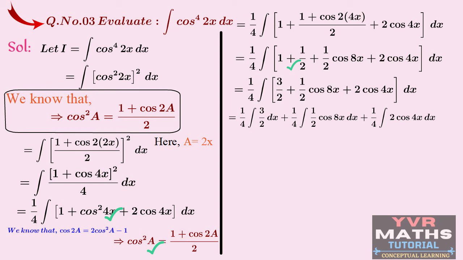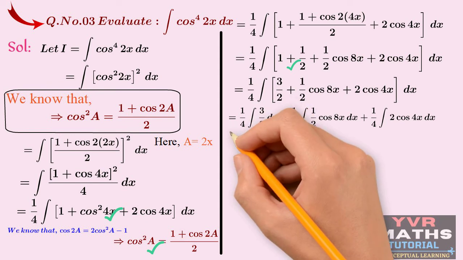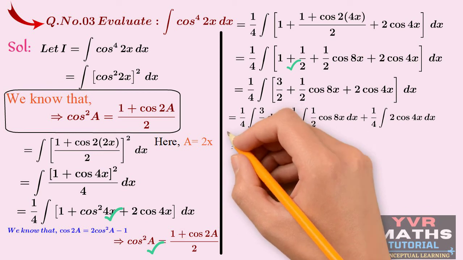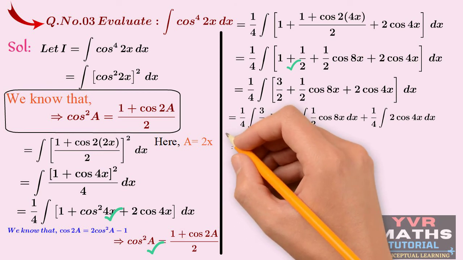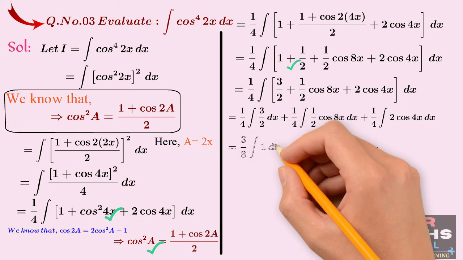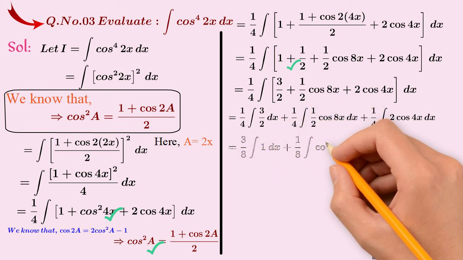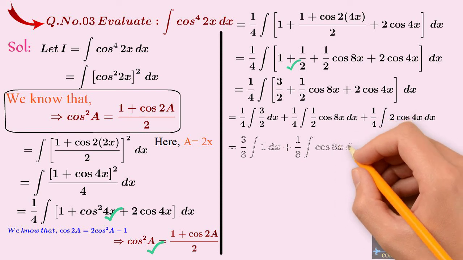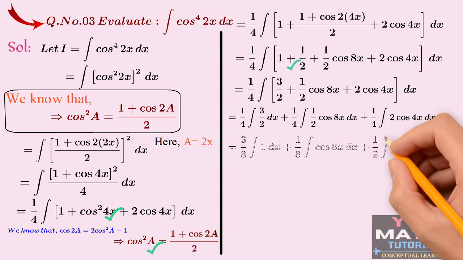In each and every term, we have a constant. If we write all the constants outside of integration, then in the next step: 3 by 8 into integral 1 dx plus 1 by 8 into integral cos 8x dx plus half into integral cos 4x dx.